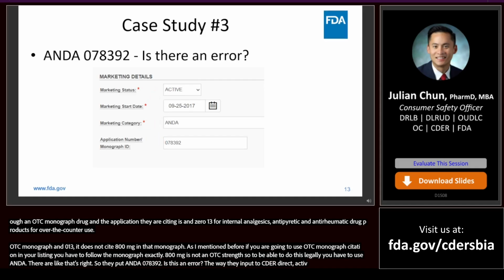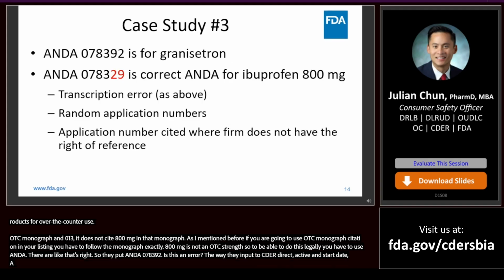Okay. Unfortunately, ANDA 078392 is for granisetron. The correct ANDA is most likely 078329. That's for ibuprofen 800. So we don't see it a lot, but we do see it. These are like transpositional errors.